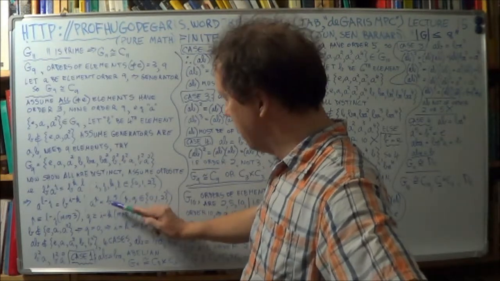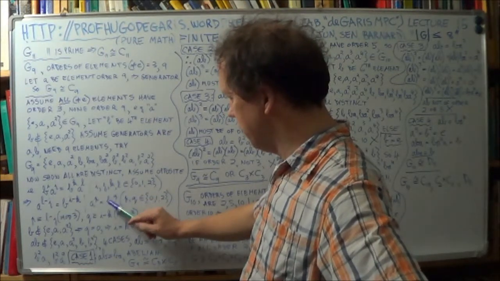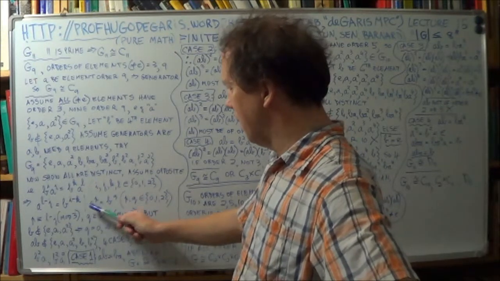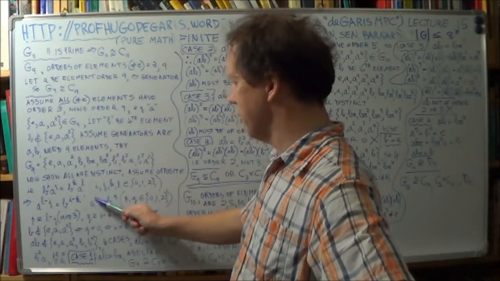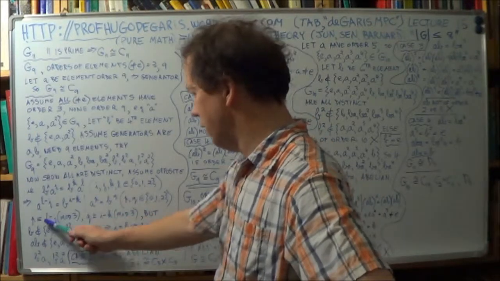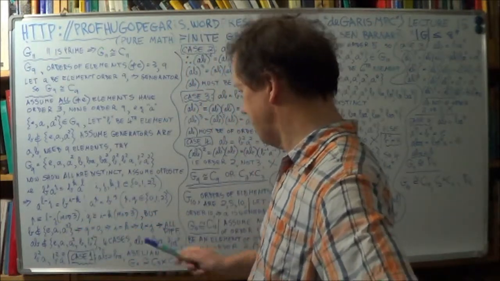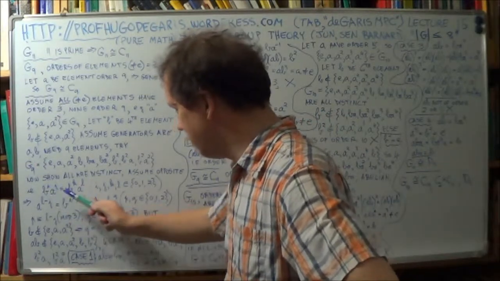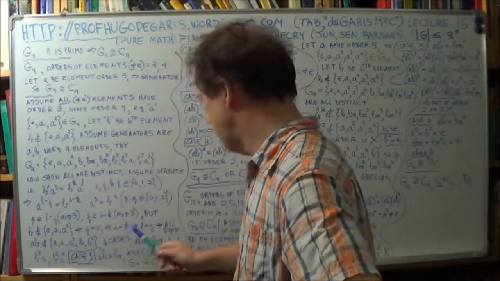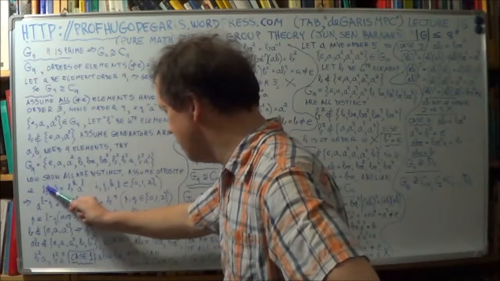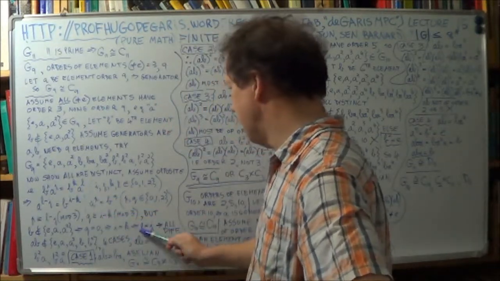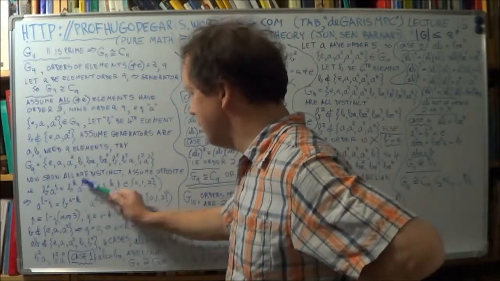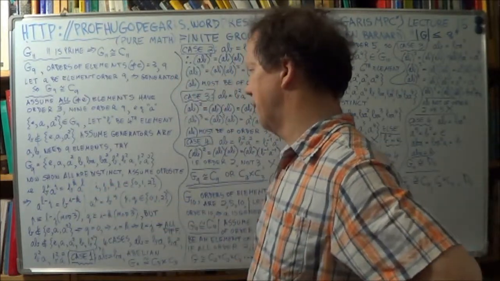Because if Q is 0, B to the 0 is E, and that means that P must be 0 as well. And if P is 0, L equals J. Okay, so I equals K, so this equals that, and L equals J. In other words, this and this are the same.